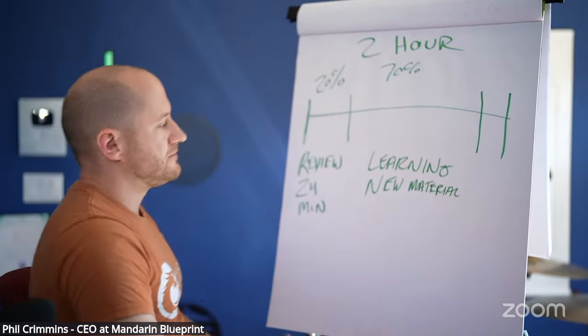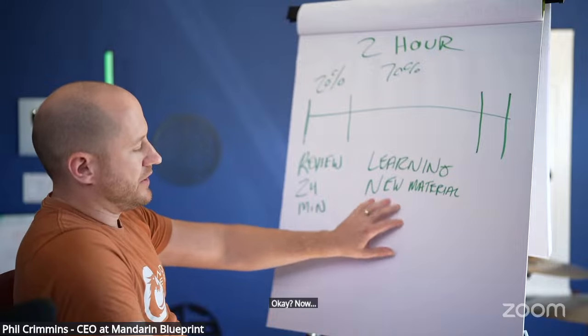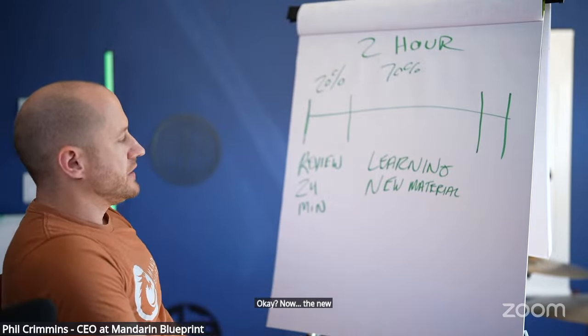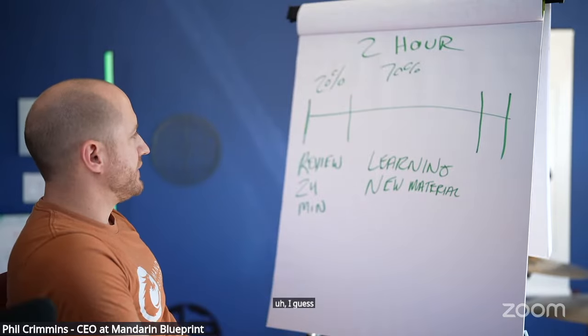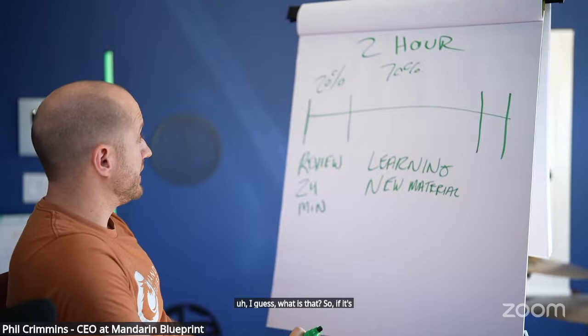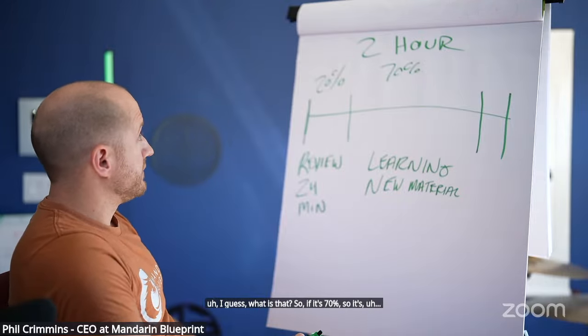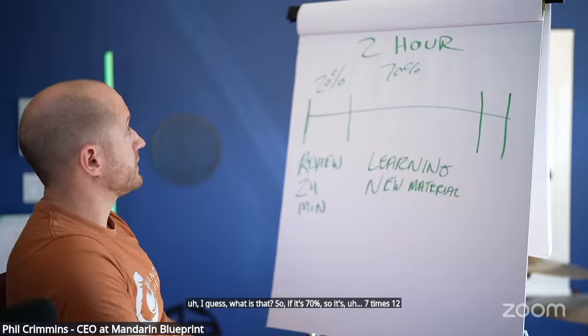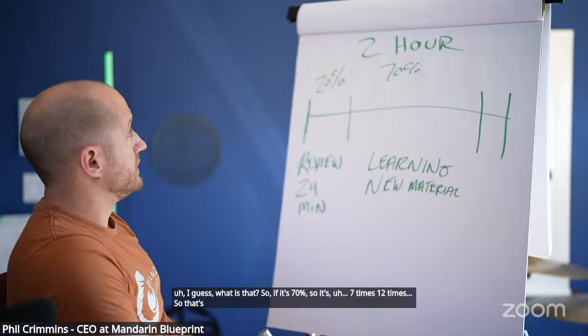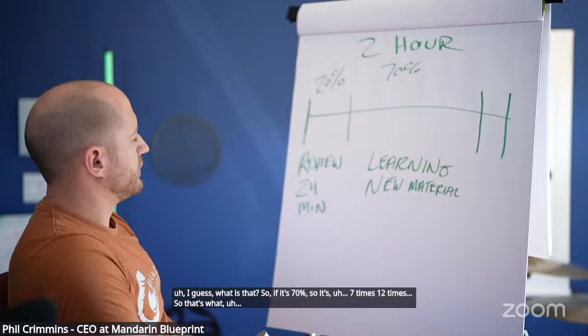Okay. Now, the new material time, what is that? If it's 70%, so it's 7 times 12. So that's what? 84 minutes. Is that right?